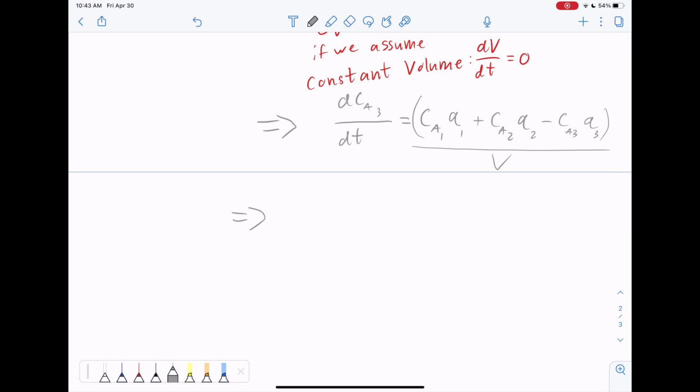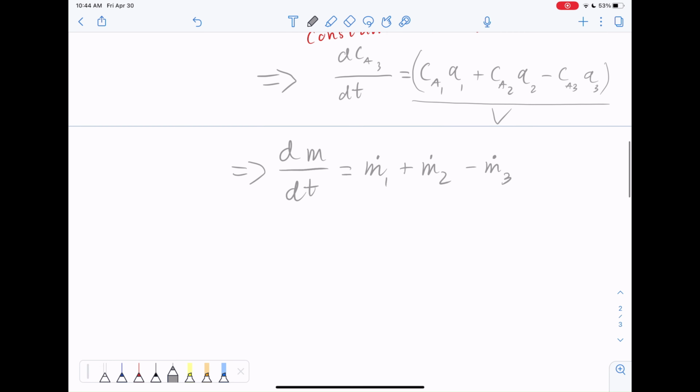We'll know that change in mass of the system, of the tank, per time is equal to the mass in minus the mass out. Mass should be equal to density times total volume.